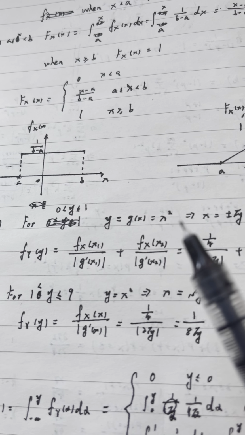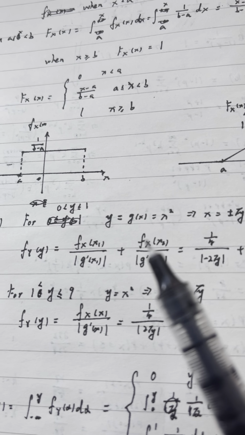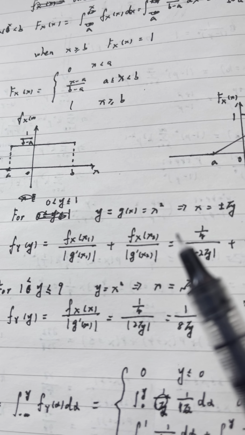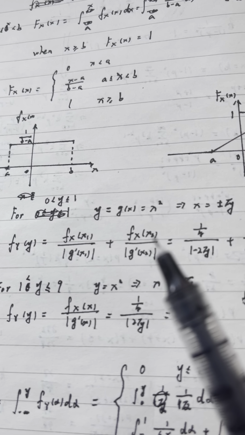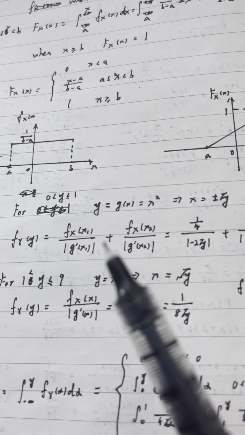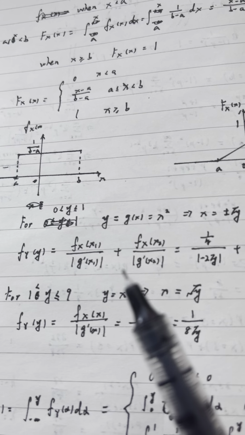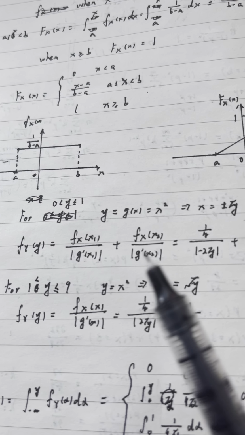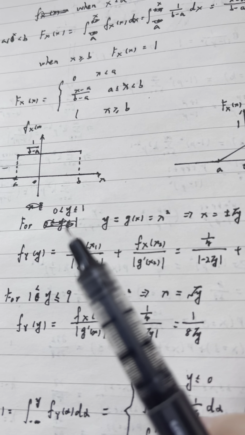For this subproblem, we have to discuss Y's value, because when the value of Y is different, we have different situations and have to calculate the density function in a different way. But generally speaking, it uses the fundamental theorem.